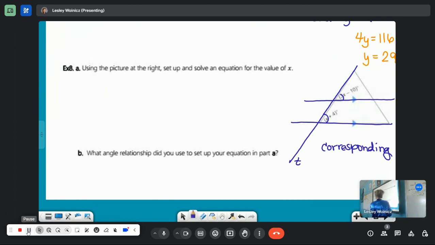It's just writing x plus 4 equals 3x minus 10, and solving. Because they're congruent, we can say their measures are equal. So the angle relationship is that they are corresponding angles, so we can use the corresponding angles postulate. Okay, questions?